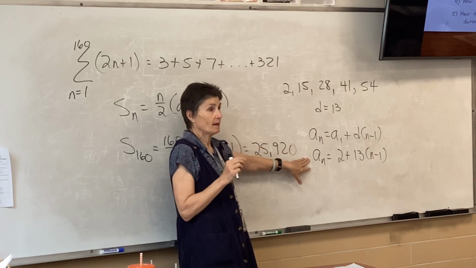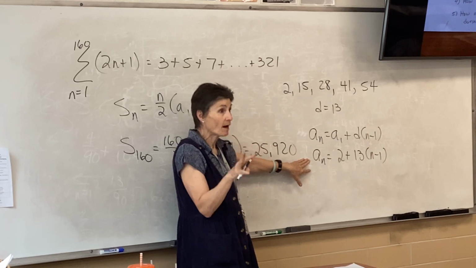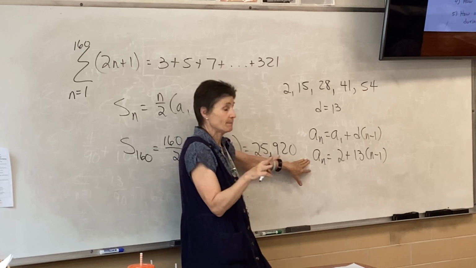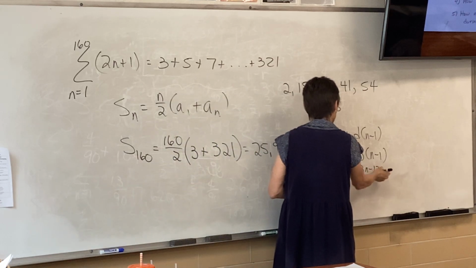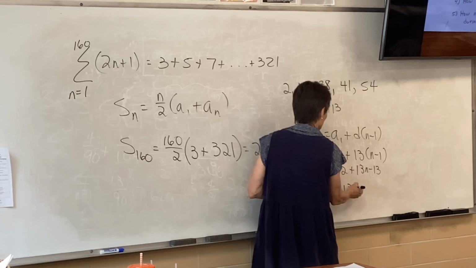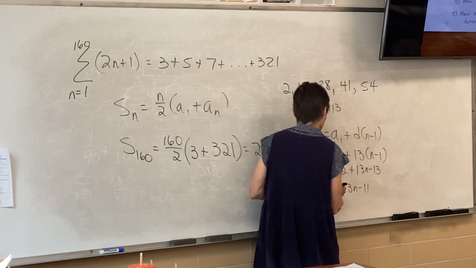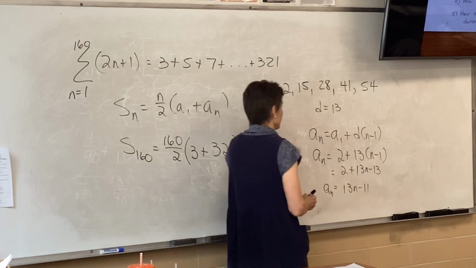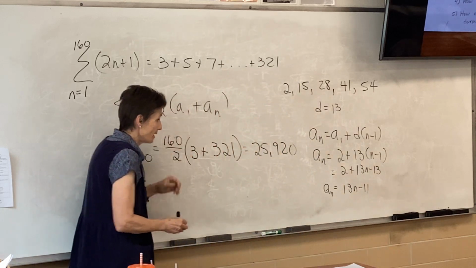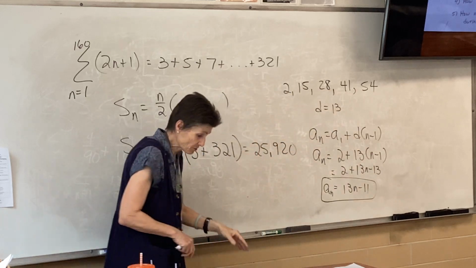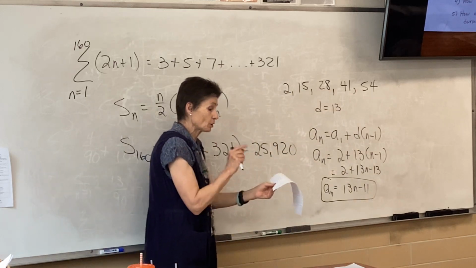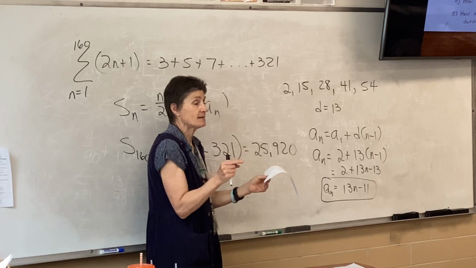This is the formula if the first term is 2 and the common difference is 13. So we'll clean this up a little bit with basic arithmetic. Looks like 13n minus 11. And that is our explicit formula. That will find any term we want, including the 180th.